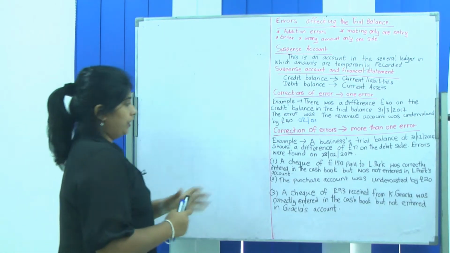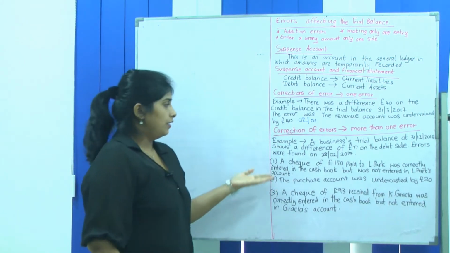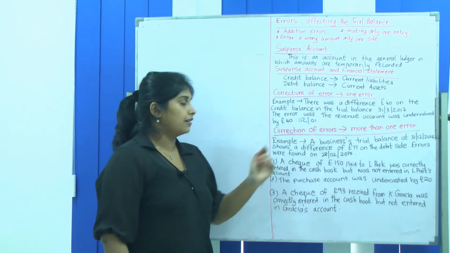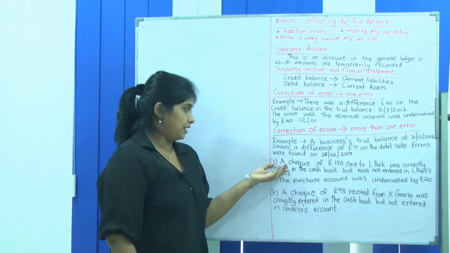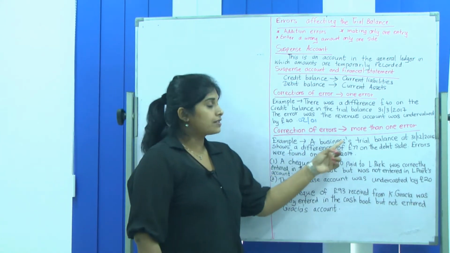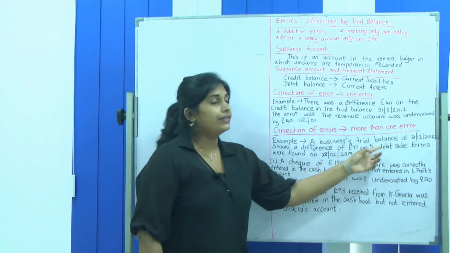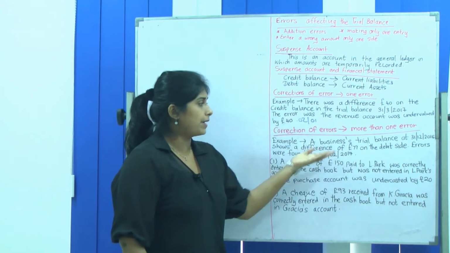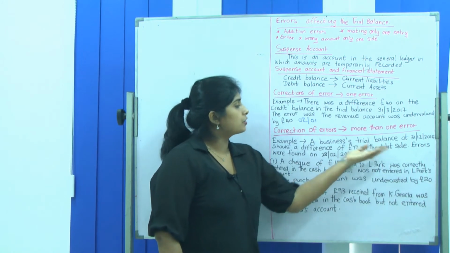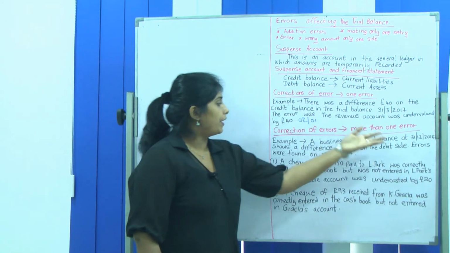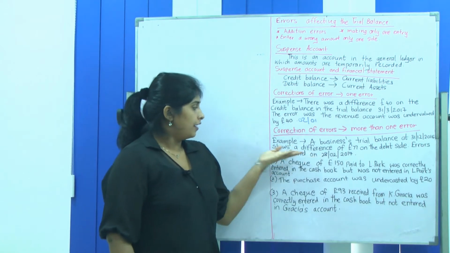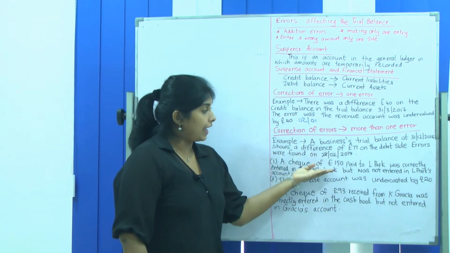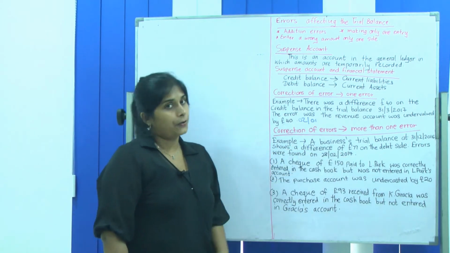Okay, so first we'll look at the example. A business's trial balance at 31st December 2016 shows a difference of 77 pounds on the debit side. So in the earlier example, the shortage was on the credit side, but according to this example, the shortage is on the debit side. Errors were found on 28th of February 2017.